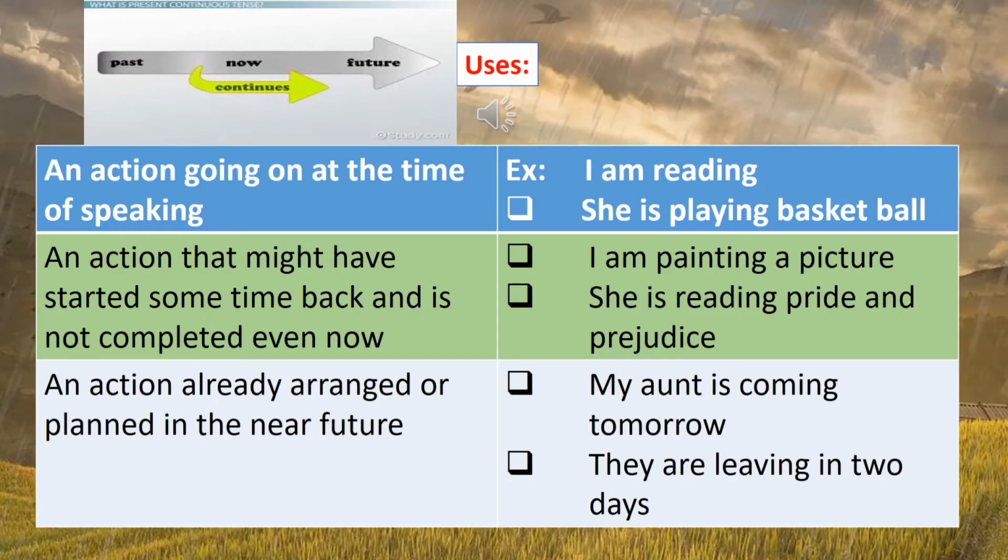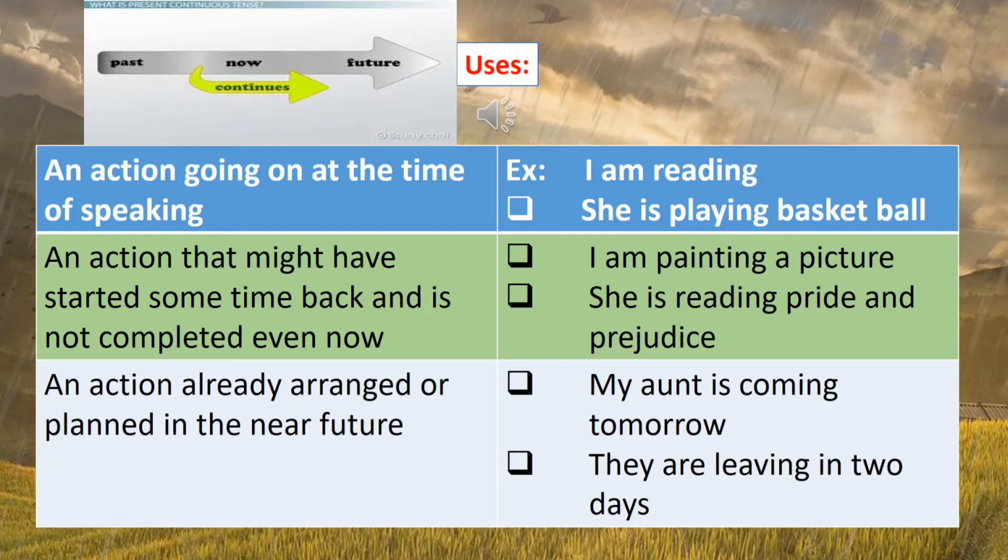And this is the timeline for present continuous tense. That means the action started somewhere in the past and still continues. The uses of present continuous tense are: first, an action going on at the time of speaking, which means now, at present, just like I am reading, she is playing basketball, etc. Second, an action that might have started some time back and is not completed even now, just like I am painting a picture.